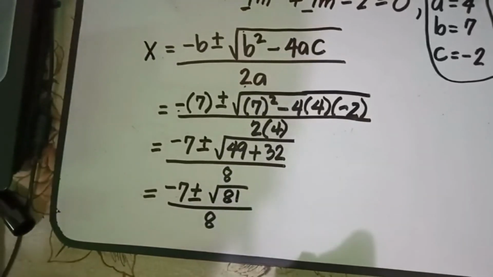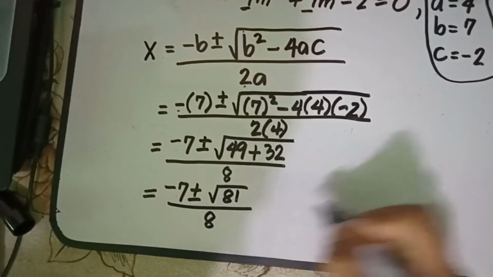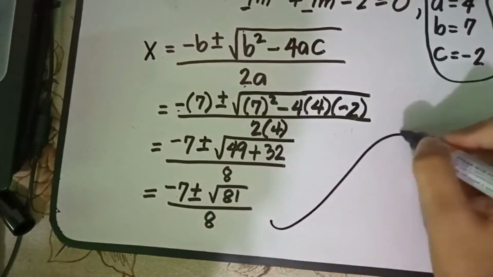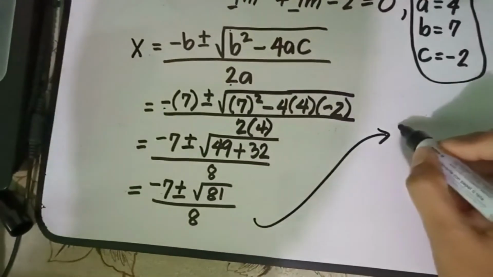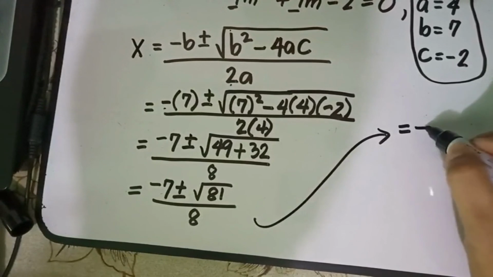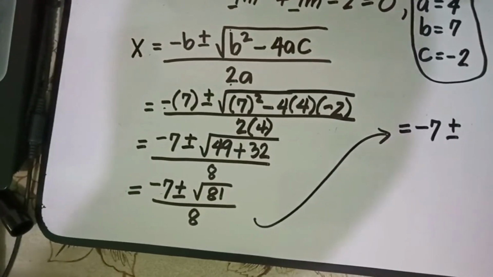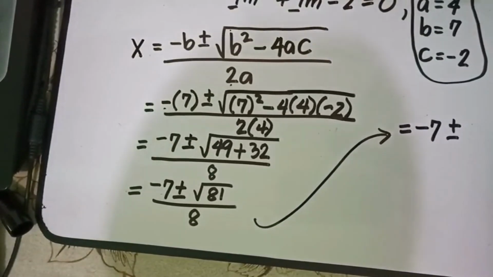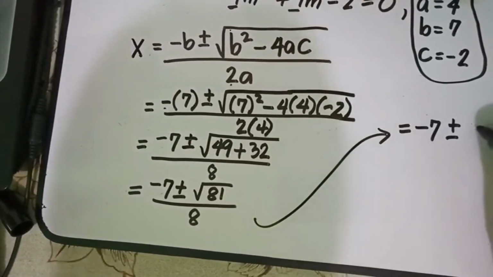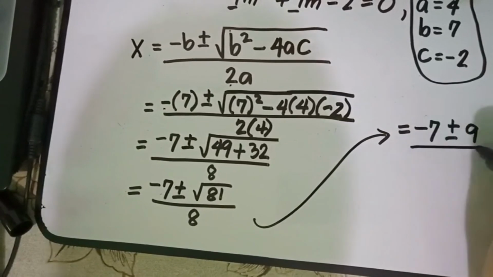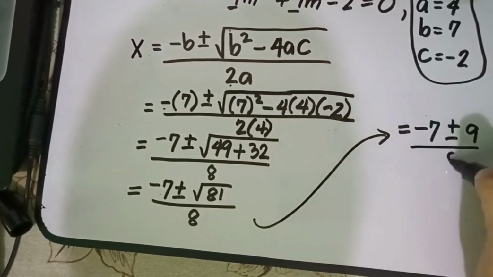So, negative 7 plus and minus, what is the square root of 81? We have 9 over 8.